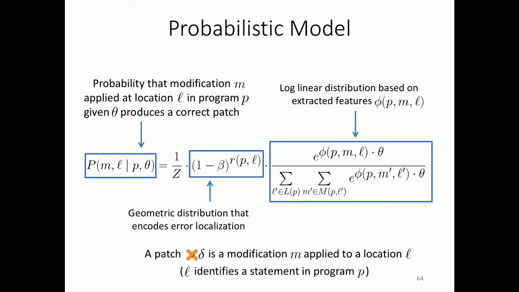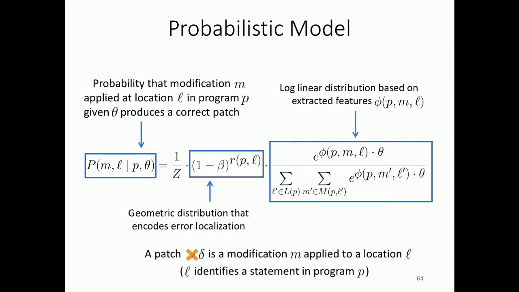Here is the formula we use in Prophet for the probabilistic model. At a high level, it just has two parts. On the right side, it's a standard log-linear distribution based on extracted features and the model parameter value. And this is a standard way for machine learning algorithms to encode the learned information. And then we also have a prior geometric distribution that encodes error localization information.